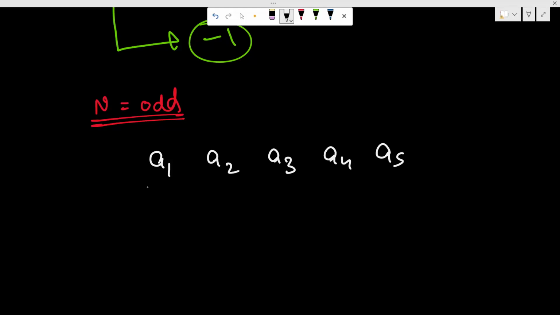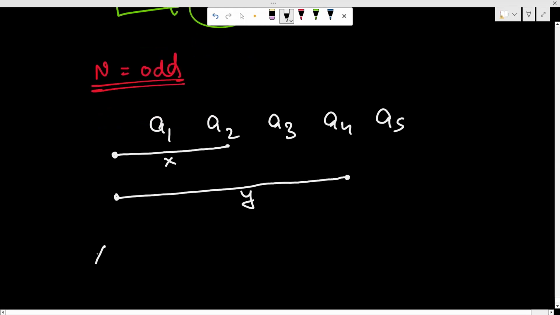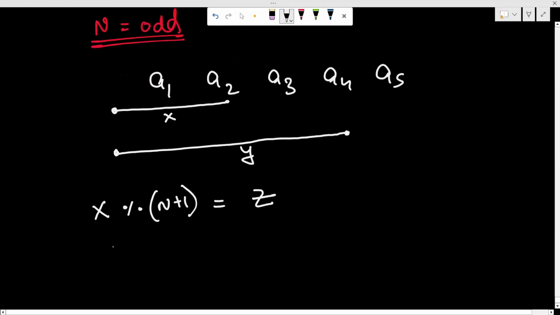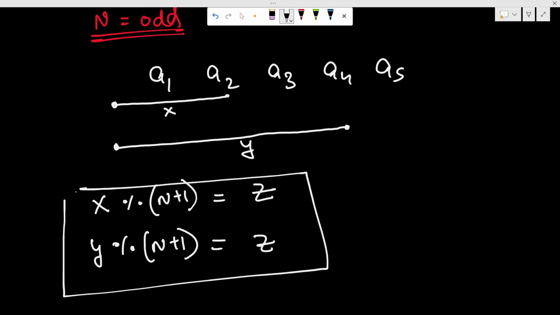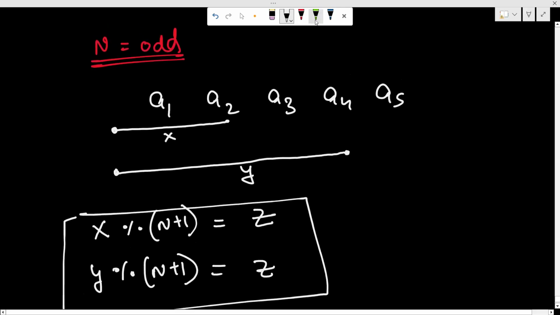If I tell you that when I considered the prefix sum till a2, I got some number x, and when I considered the prefix sum till a4, I got number y, and x modulo n plus 1 gave me some z, and y modulo n plus 1 also gives me z. If this case occurs, can you say that if I take this as my subarray, then the sum of elements is divisible by n plus 1?